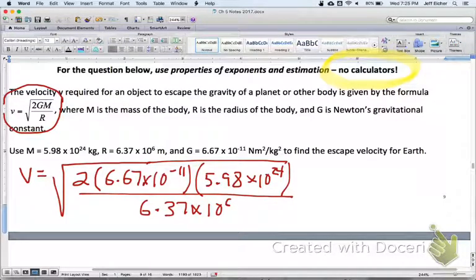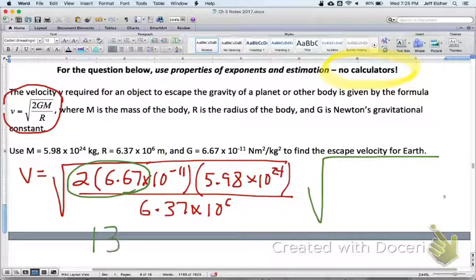Now if you're going to let me estimate, let's do some estimation here. Probably going to need a little more space. Square root. Let's estimate. We'll do 2 times 6.67. That would be 13.2-ish.